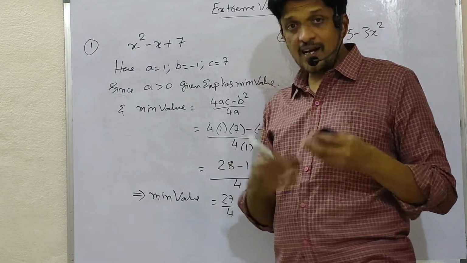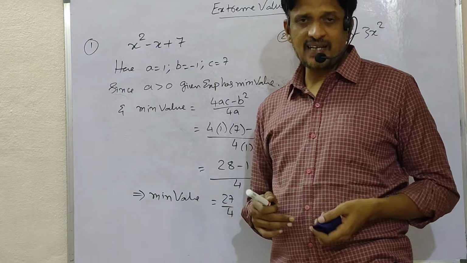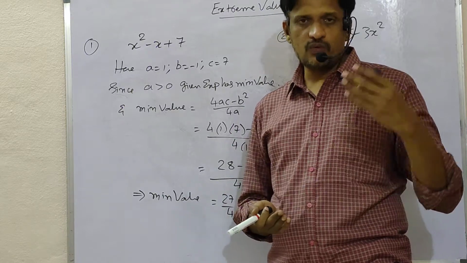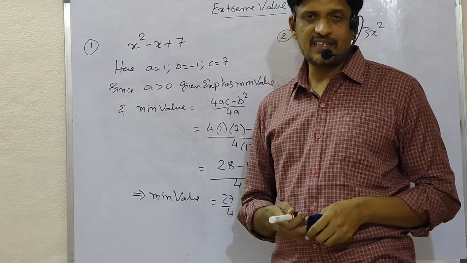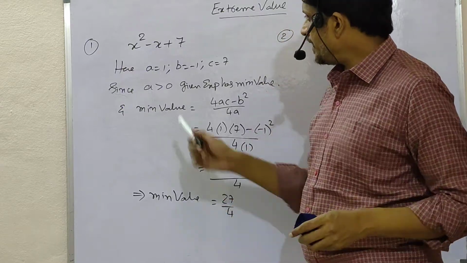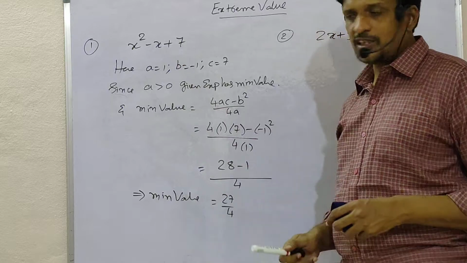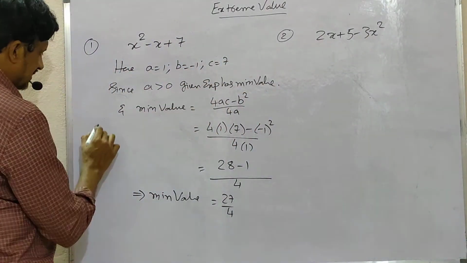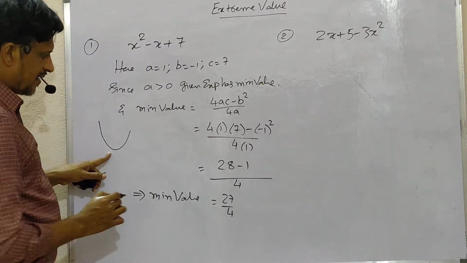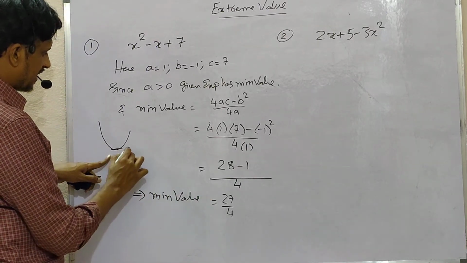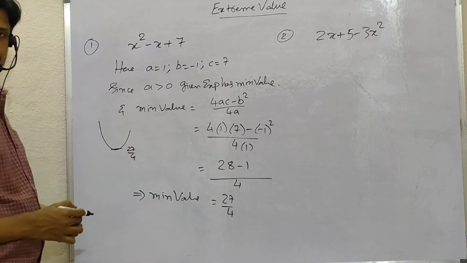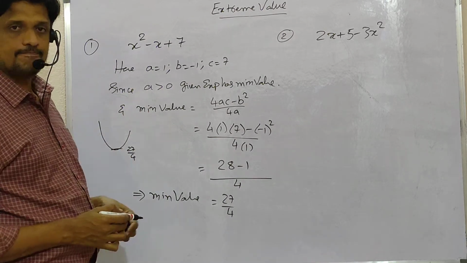But according to the first theorem, when it has imaginary roots, the expression is either always positive or always negative according to the coefficient of x square, that is a. Here the x square coefficient is positive, so it has a minimum value and you will get a curve like this. This minimum value will be 27 by 4. At 27 by 4, the graph turns to the upward side.